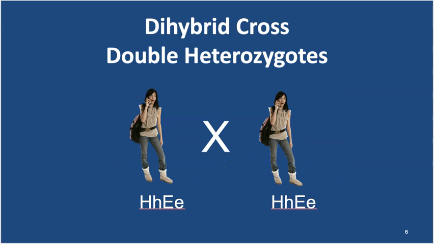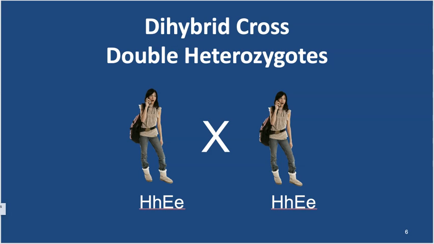So for the dihybrid cross, we're going to start with just double heterozygotes because it makes the points best. So again, here we have a person with brown hair, green eyes, crossed with another person with brown hair, green eyes.